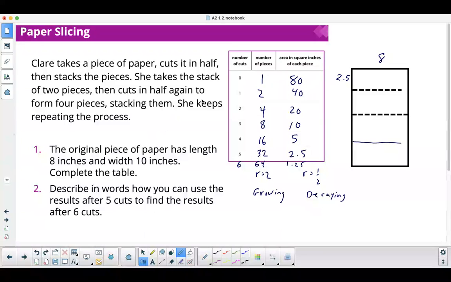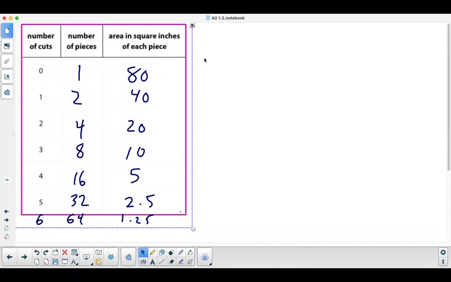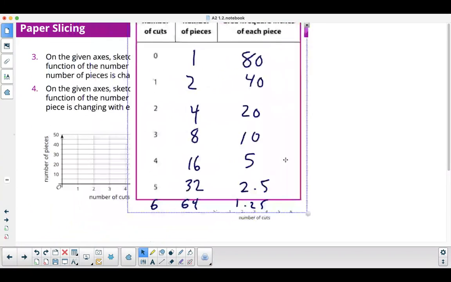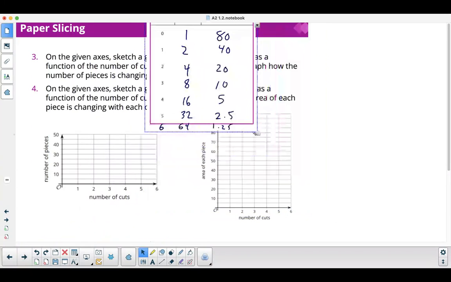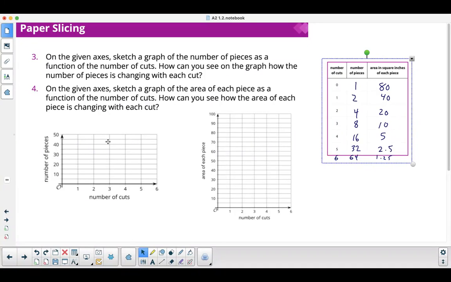I'm going to screen grab this, and I'm going to send that to the next page. I should have just copied it. There we go. That way I have it here. I don't have to keep flipping back and forth. Okay, cool. So I'm going to plot that chart here.